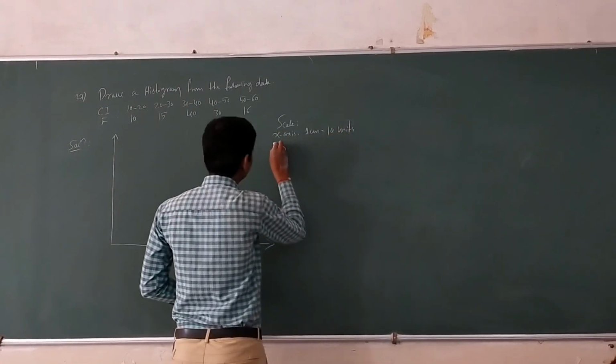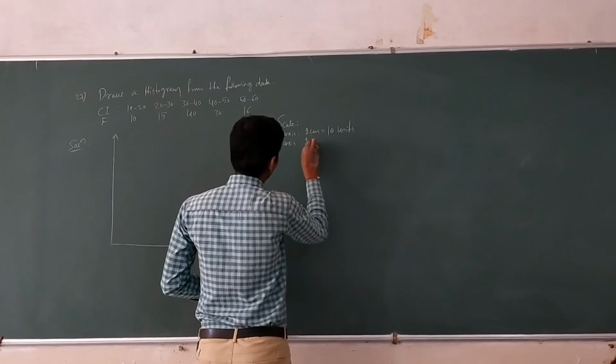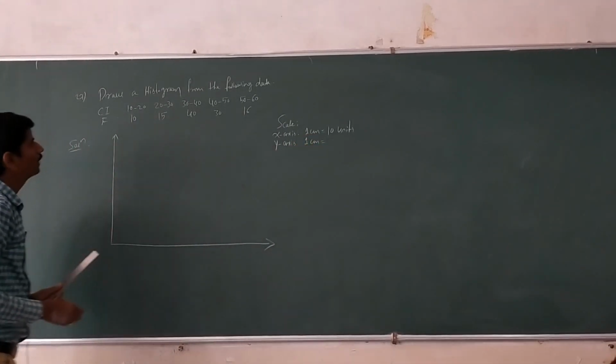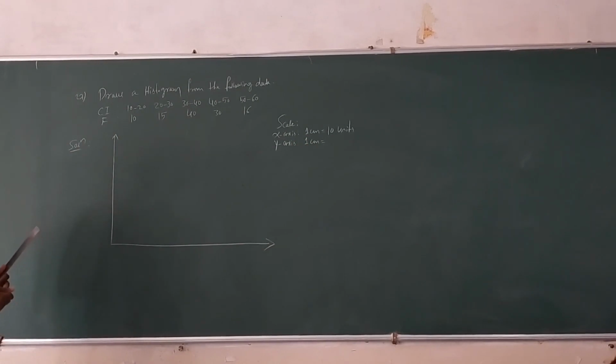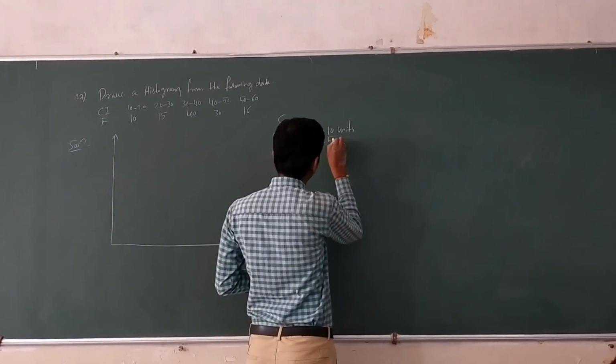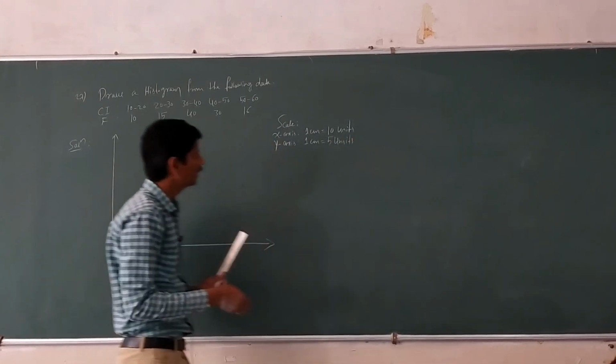The next, y-axis. 1 centimeter equal to, see here 15, 14, 30. Y also we have to take 5 minutes. Y-axis 1 centimeter equal to 5 minutes. You may take 10 minutes also.